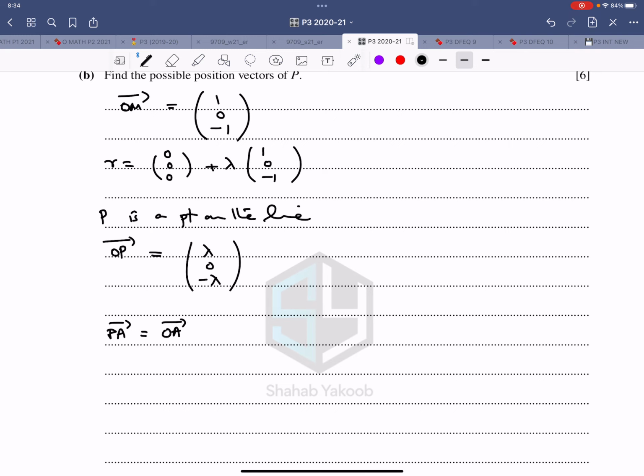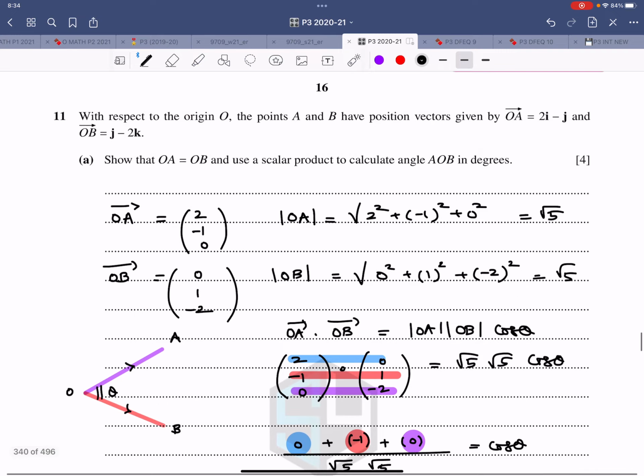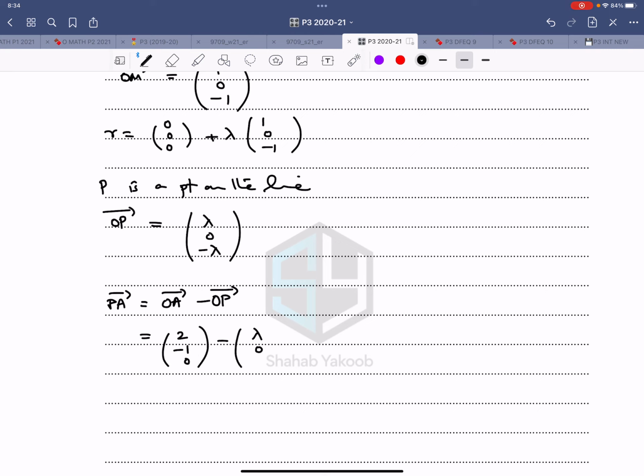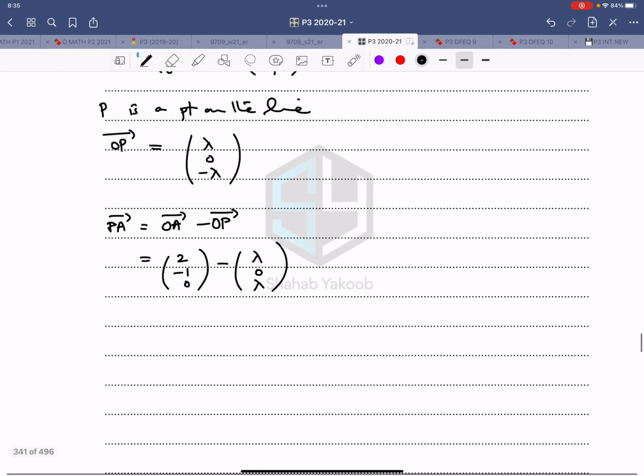What is OA? OA is (2, -1, 0), minus OP, which is (lambda, 0, -lambda). So you get PA is (2 minus lambda, -1, 0 plus lambda), that is lambda.